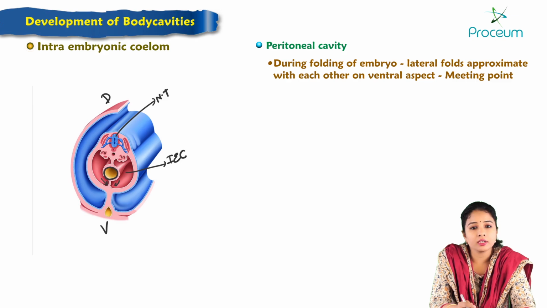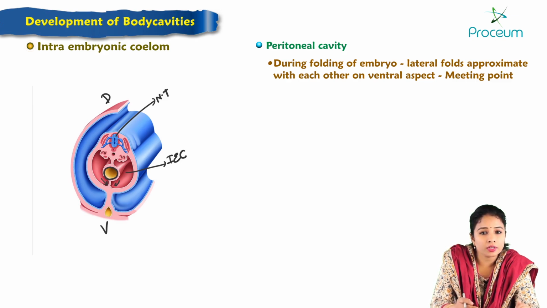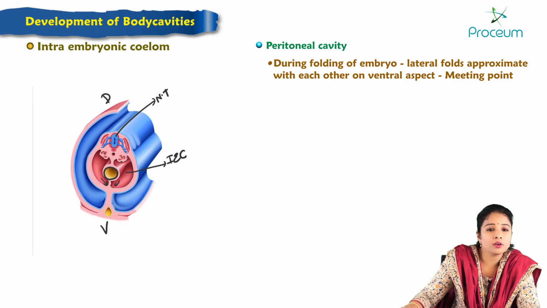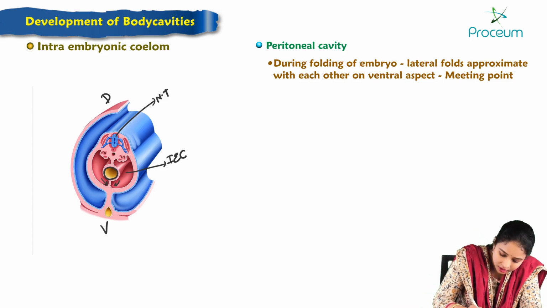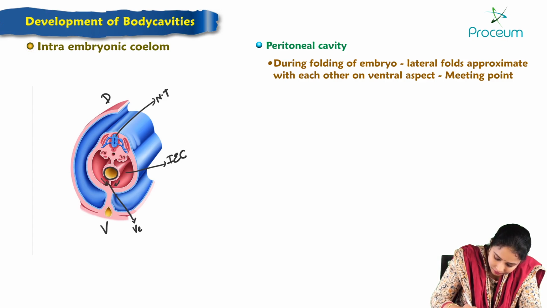In the abdominal region, during the folding, these lateral folds approximate with each other on the ventral aspect of the embryo. At the site of approximation is the ventral mesentery.